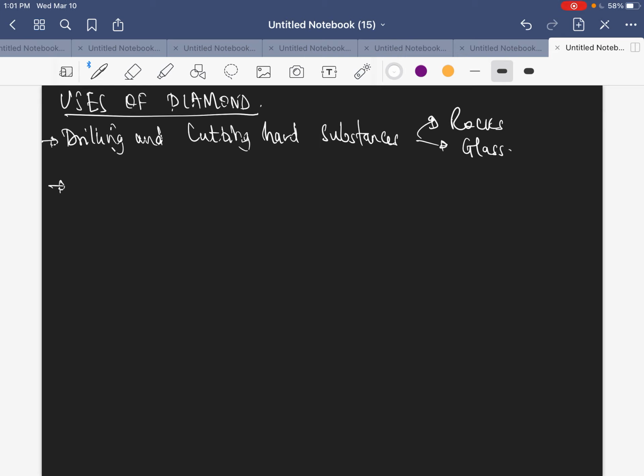Number 2, because of its color, it's colorless and it's sparkling, we say it can be used in making jewelry, for example, necklaces.